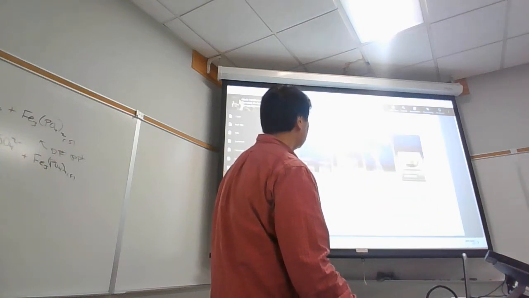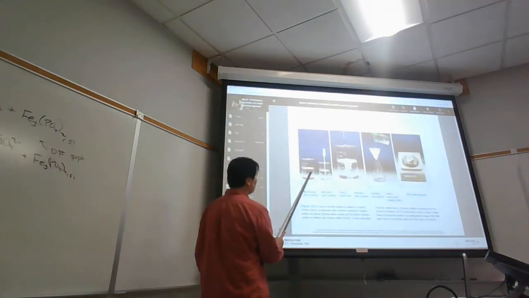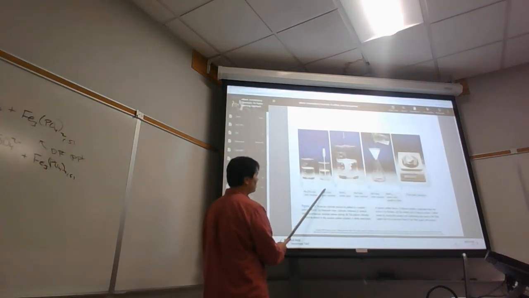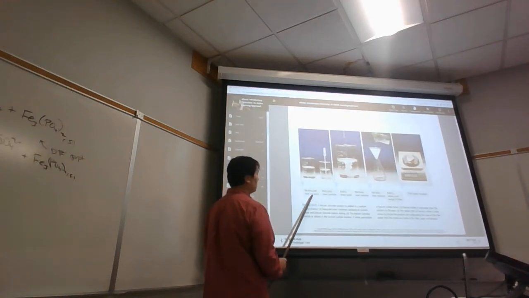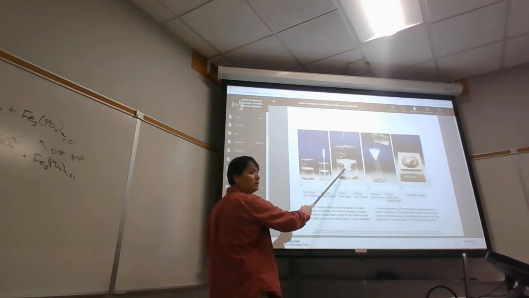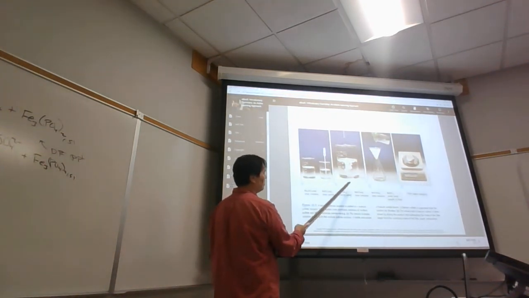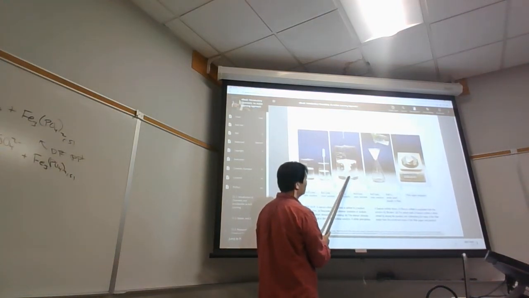So this is one of the ones you did yesterday. You took some sodium sulfate solution and mixed it with some barium chloride, and you got a precipitate of barium sulfate, which is this cloudy white precipitate, and you're left over with sodium chloride. Sodium chloride is just going to be the spectator here.